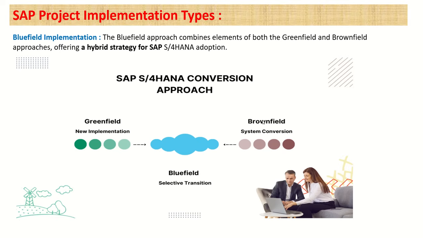Let's say there are 1,000 vendors in one system. We are going for a new implementation, but we know 900 are one-time vendors and only 100 vendors are ones which we require now. So only selective data, selective configuration, all details we can transfer to the new system. So the selective transition we can call bluefield.